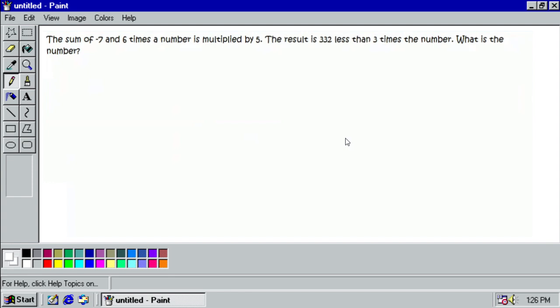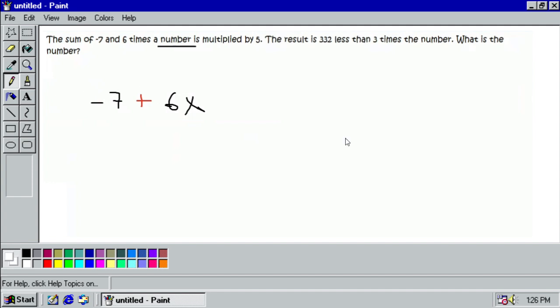The sum of negative 7 and 6 times the number. When we say sum, that means addition. That's like when we have 1 plus 1 is 2, and the answer for that is what we call the sum. It's 6 times a number. So let's call a number x.